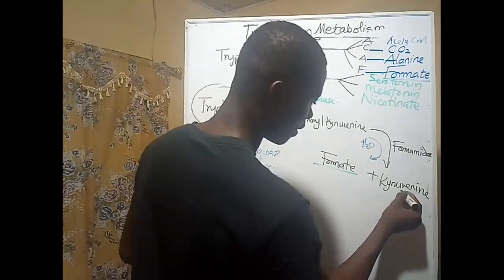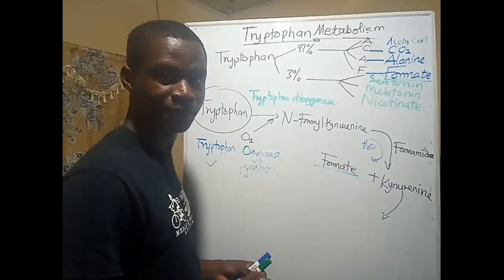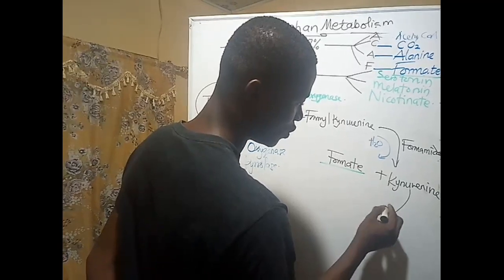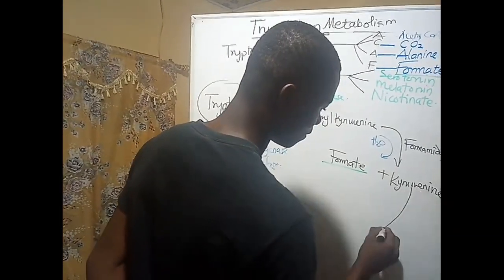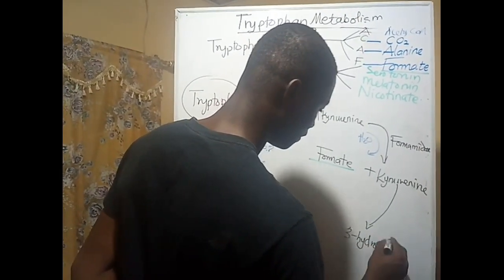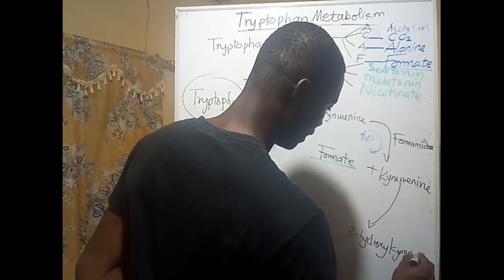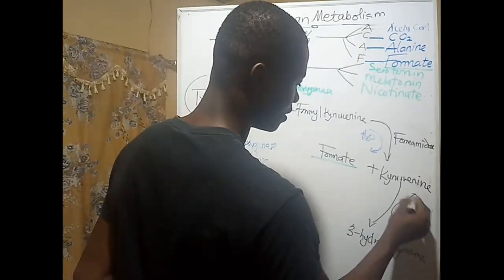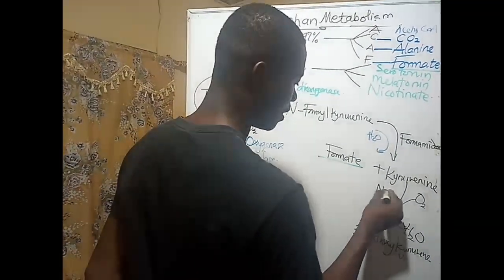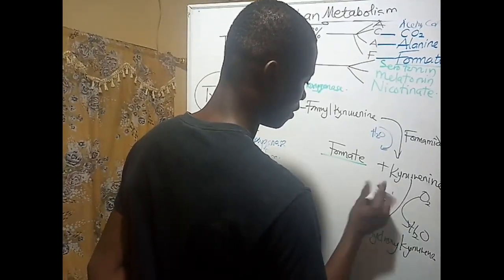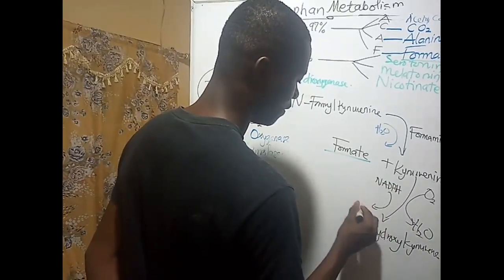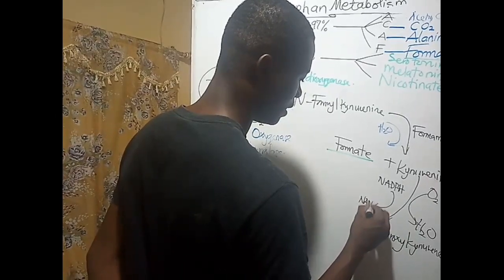So kynurenine is further broken down. Now, kynurenine is broken down to give us 3-hydroxykynurenine. Now, this reaction needs oxygen, then we get water, and then it also needs NADPH to give us NADP+.